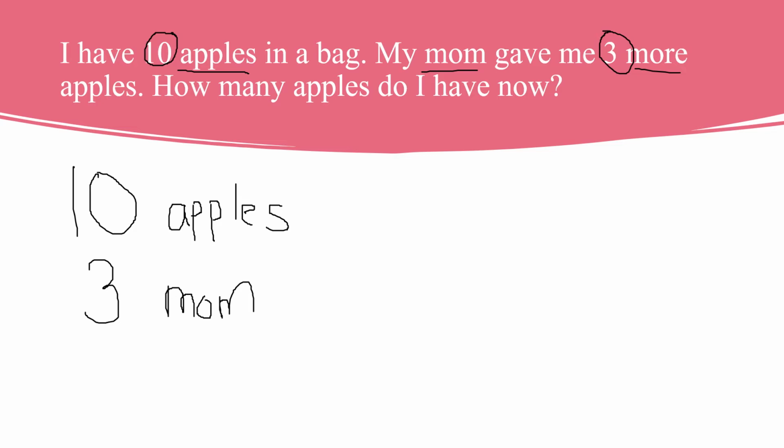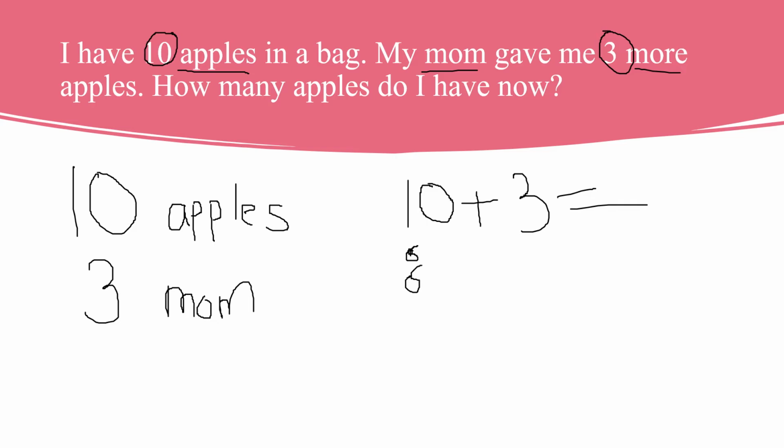So I am going to write my equation because I know it's 10 plus 3. And now I'm going to figure out what is 10 plus 3. And in order to do this, I could draw 10 apples.